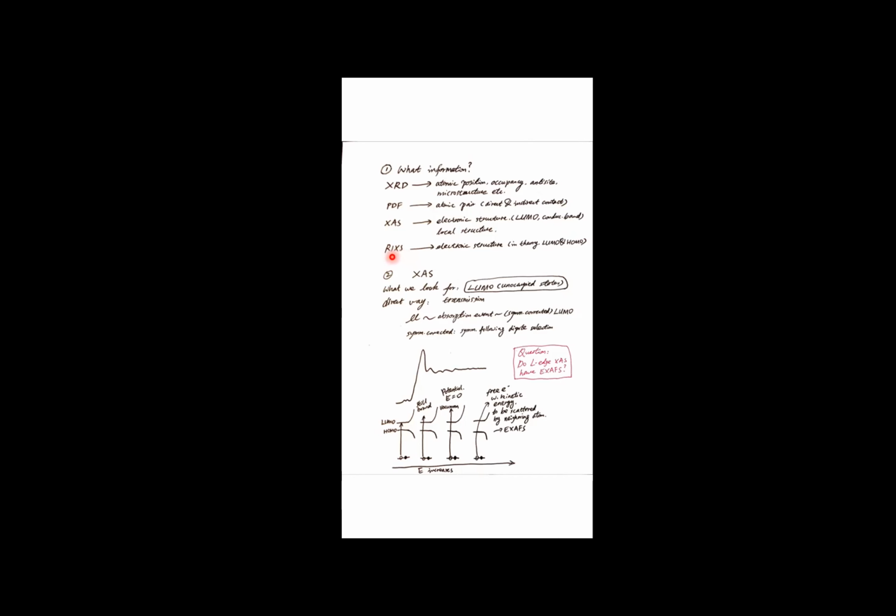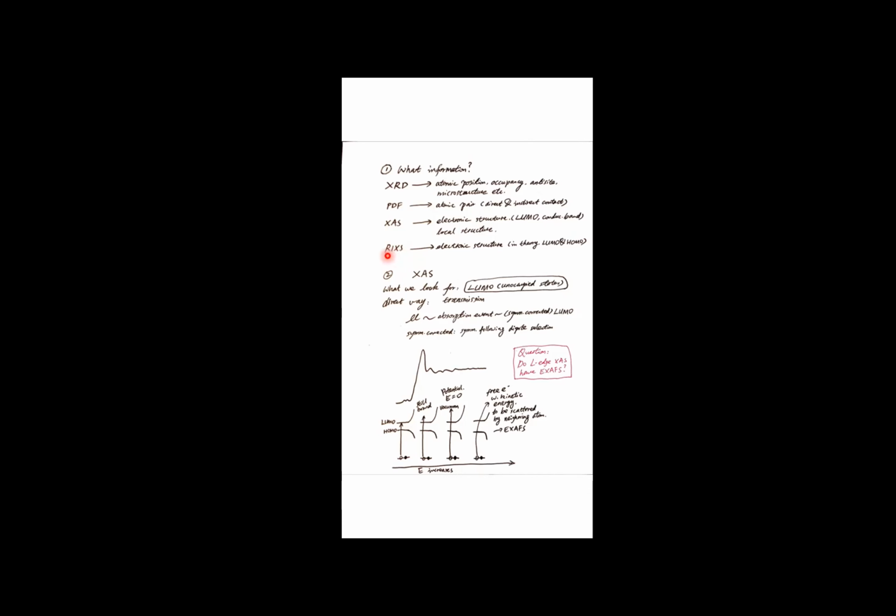RIXS is in fact a part of the fluorescence process, but RIXS has its own uniqueness. We need to talk about RIXS in a serious way. But I want to point out that we need to have some understanding of the meaning of this terminology.